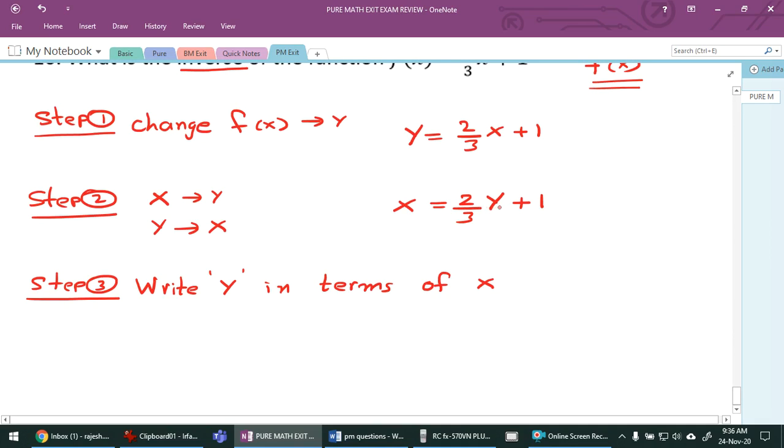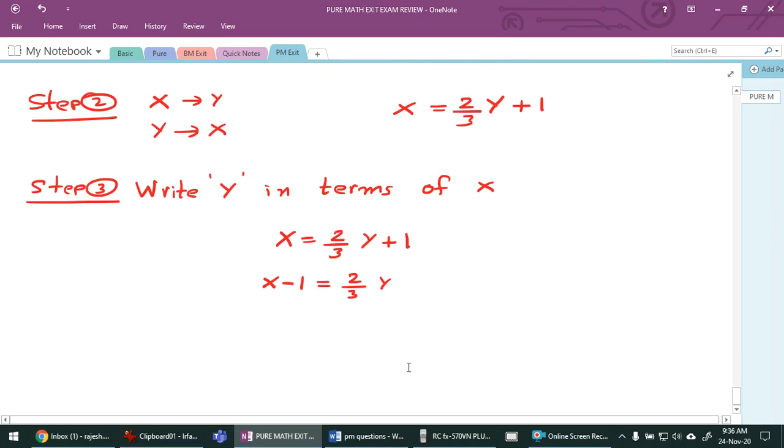Now you have to write y equal to expression in x. That means you should keep only y on one side and all other things on the other side. Okay, let us take x equal to 2 by 3 y plus 1. Take this plus 1 to the other side. So it will become x minus 1 equal to 2 by 3 y.